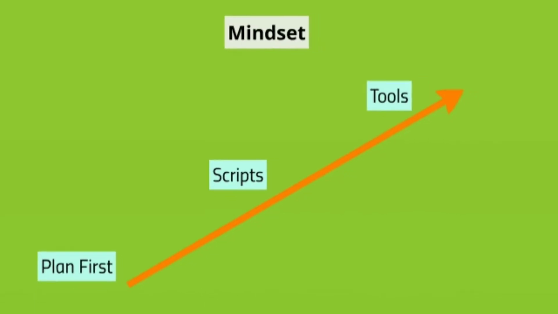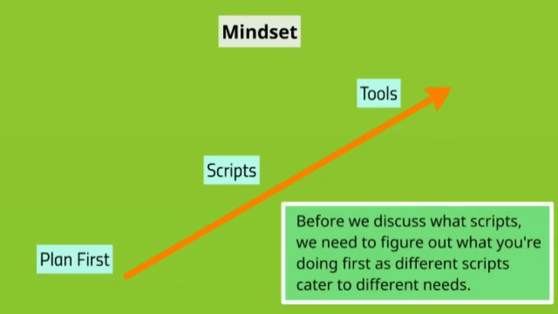Before we discuss what scripts to use, we really need to figure out what you're doing first, as different scripts cater to different needs. We could talk about Amember Pro, which is one script that I personally recommend, and that's something that I've used for literally a decade and a half.